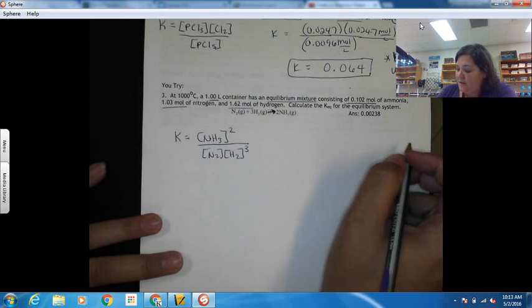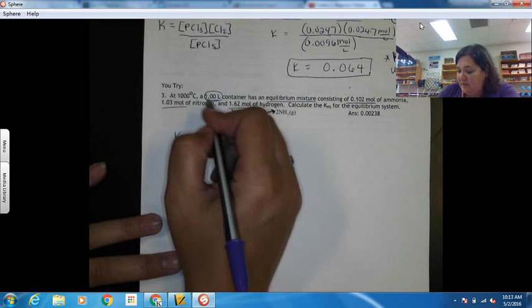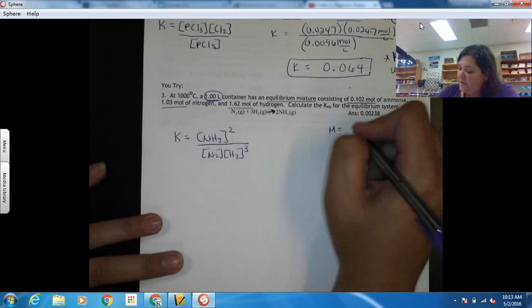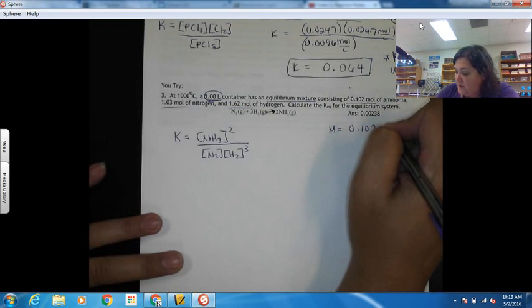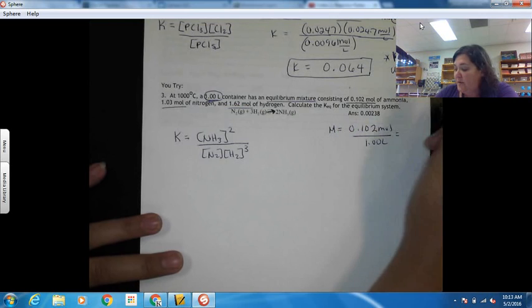Okay, again, these are moles and we have to have molarity. But this time, luckily, we have 1 liter, and so the molarity for the ammonia would be 0.102 moles divided by 1 liter, which would still be 0.102 moles per liter.